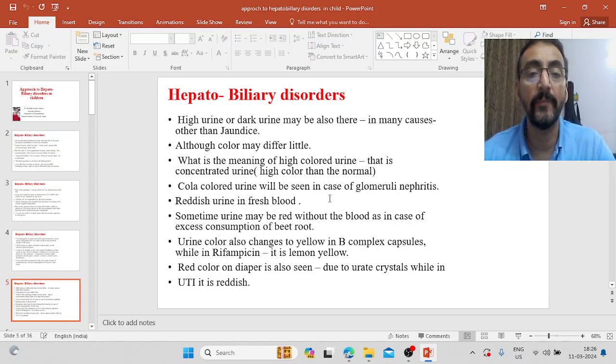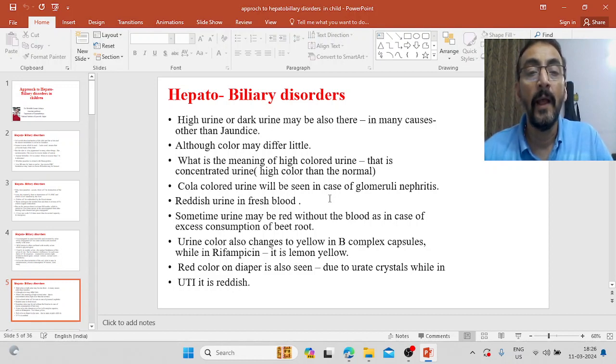Sometimes the urine may be reddish. Reddish means it is frank blood. If the cause is somewhere in the urethra or bladder, then the blood will be very fresh, and frank bleeding will be there. So this should also not be confused with the high color of the urine or concentrated urine.